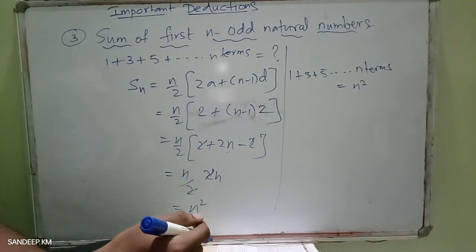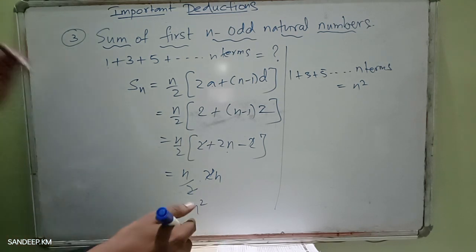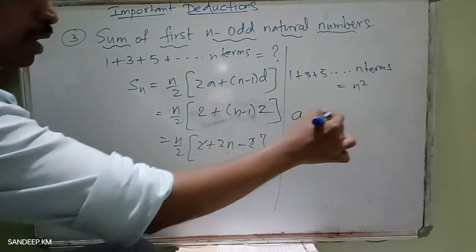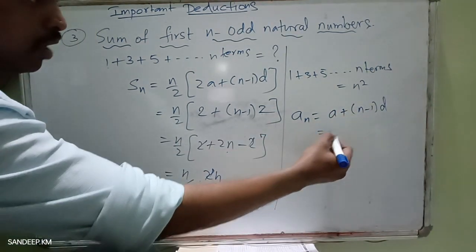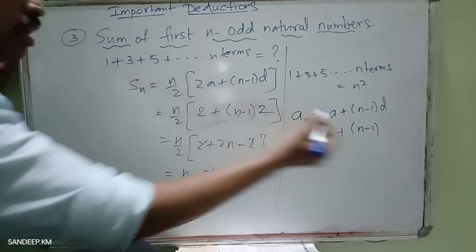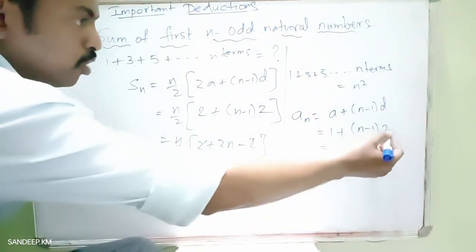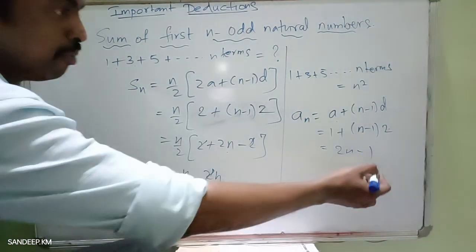Here you might have a question. Sir, what is that nth term? Because in the previous two results we have seen what the nth term is. If you want to know the nth term, let us find it using its formula a plus n minus 1 into d. So a is 1, plus n minus 1 into the common difference 2. If you expand, 2 into n is 2n, then minus 2 plus 1 is minus 1.